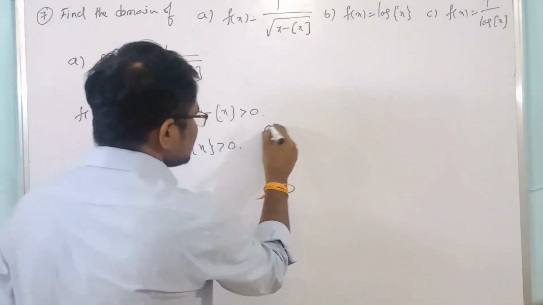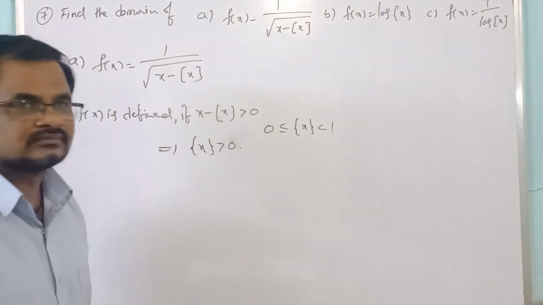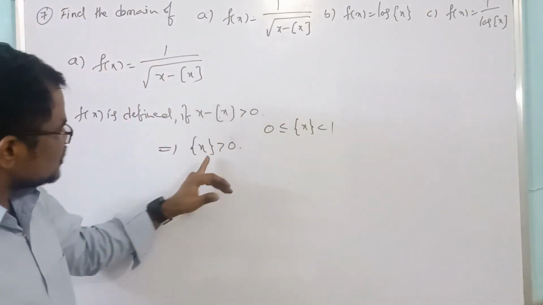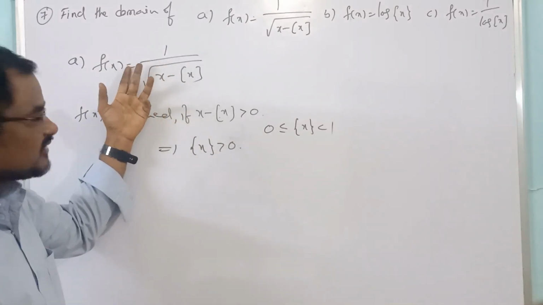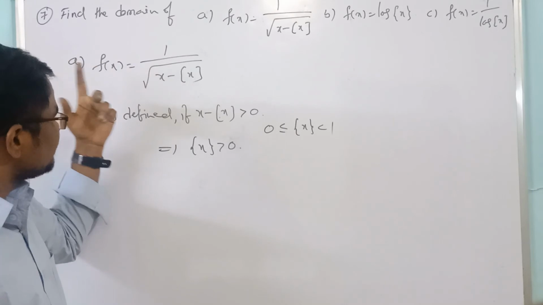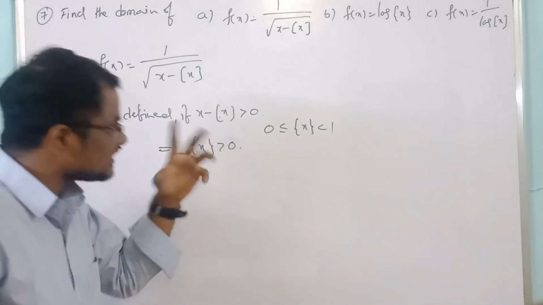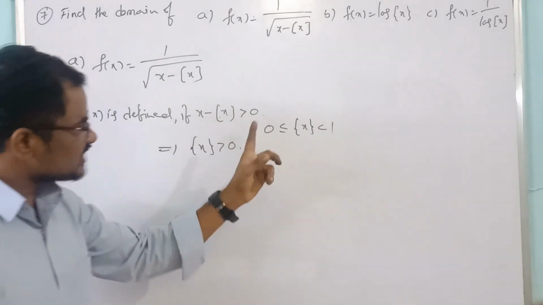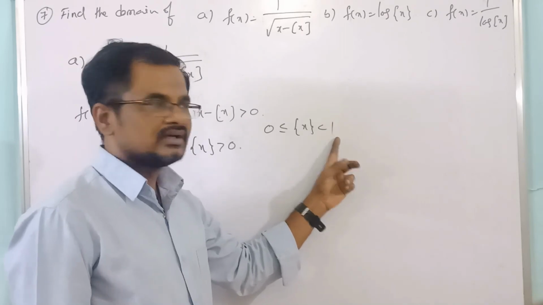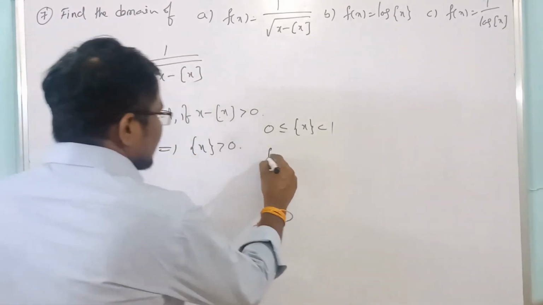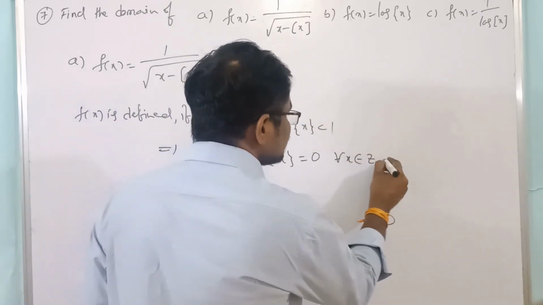But what is the range of the fractional part of x? The interval [0, 1), right? And it should be greater than 0 for f(x) to be defined. The fractional part of x equals 0 for all x belonging to integers only.